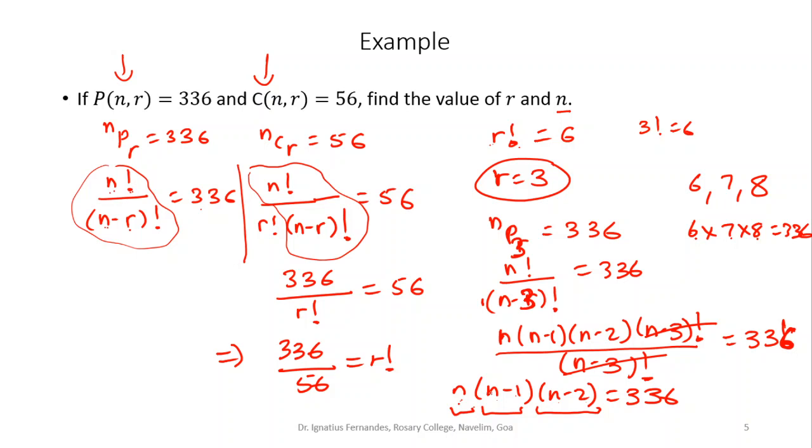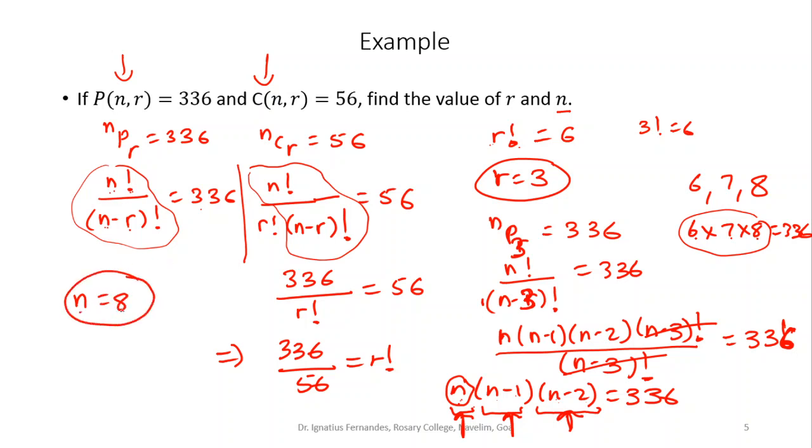Now, out of n, n minus 1 and n minus 2, which is the smallest number? Okay. n minus 2 is the smallest number, then n minus 1 is the middle number and n is the highest number. So the highest number is n, and that should be the highest number in this, that is 8. Okay. So here n is equal to 8.